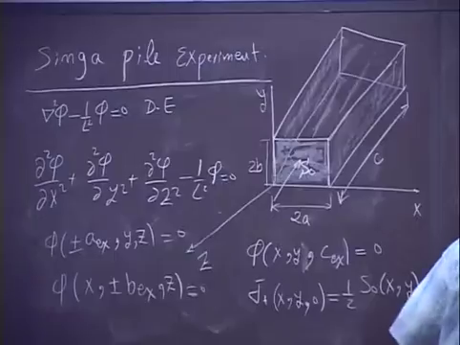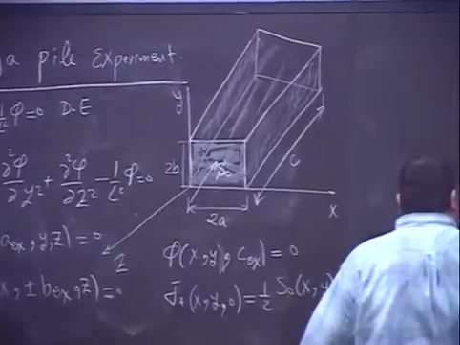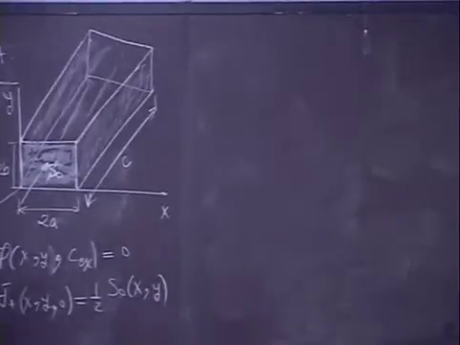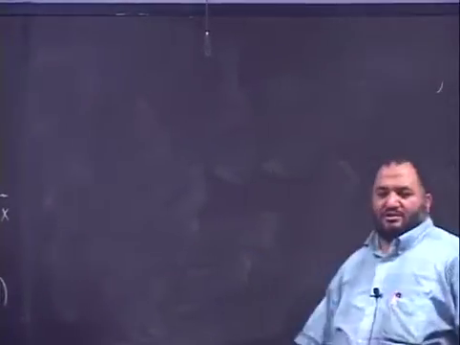Dr. Abdu? Yes. Are we assuming that S naught is a uniform planar distribution? Yeah, you can assume that. If it is a uniform planar distribution, S naught will not be a function of x and y, it will be S naught.